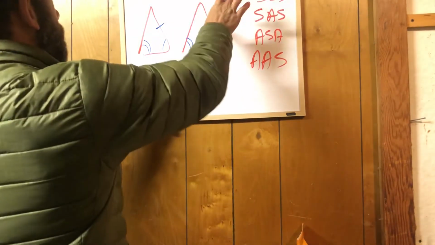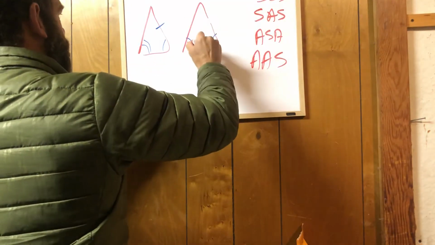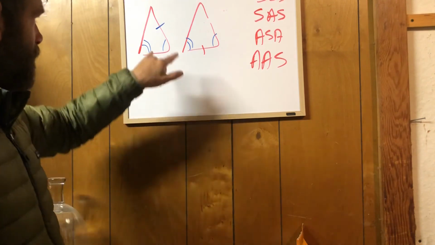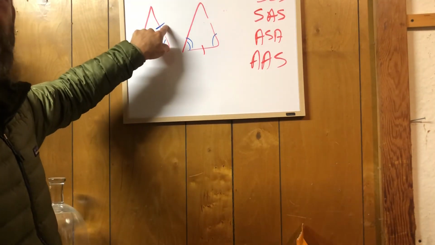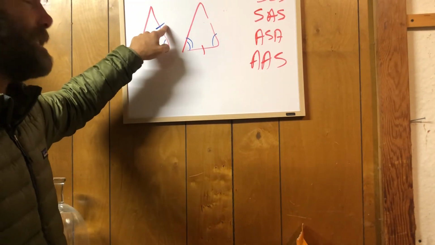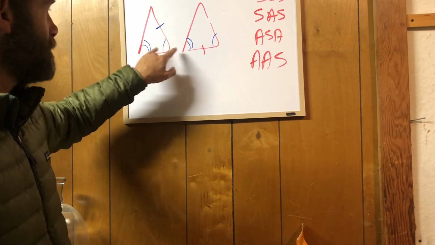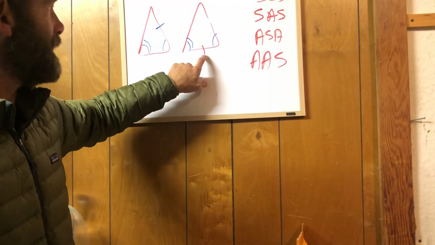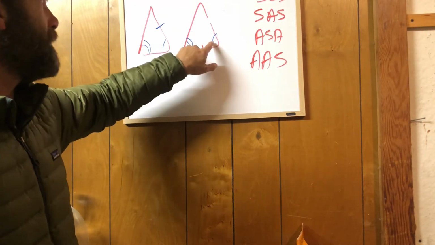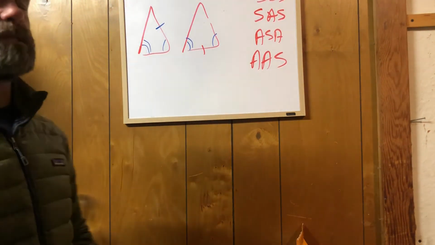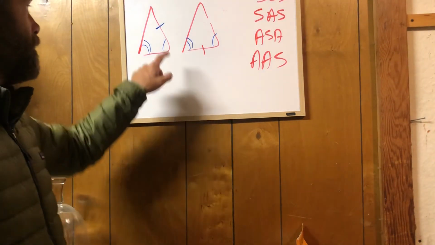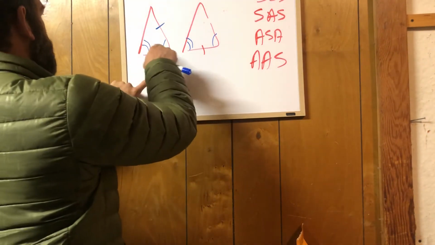But in the second one I gave you something like this. And I say, you have two angles with a non-included side, meaning a side that's not in between the two angles. And two angles with an included side, meaning a side that's in between the two angles. Are these two triangles congruent? I don't know. Maybe. I know that this is set up as angle, angle, side.